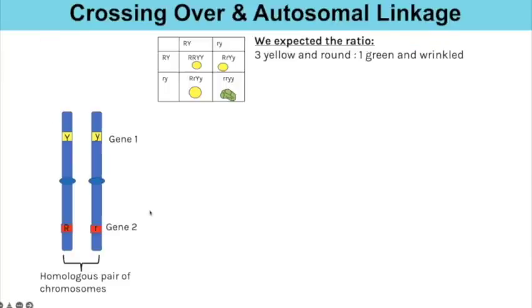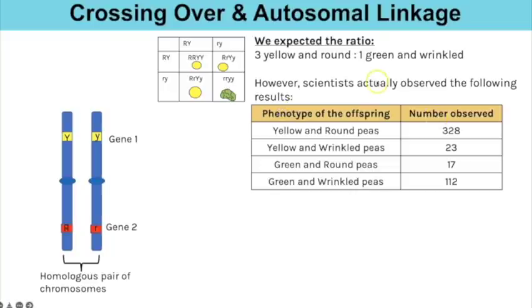But we also need to consider crossing over and autosomal linkage impact as well. So we've just talked through this example where, because of the autosomal linkage, we have a 3:1 ratio, but you could actually have this scenario here. Scientists actually observed the following results. So we have 4 different phenotypes, not just 2.